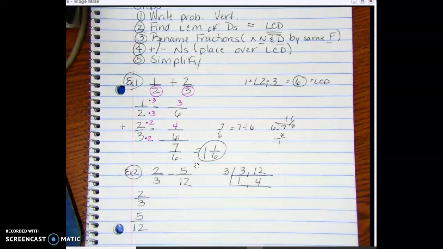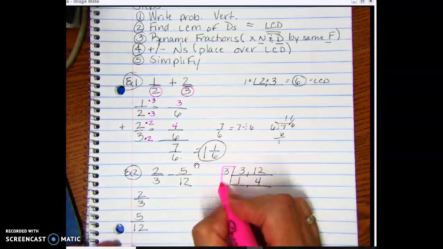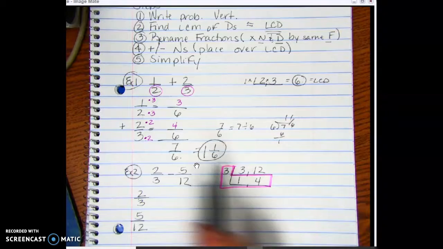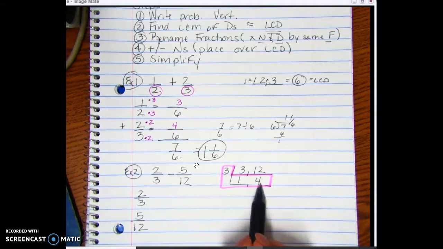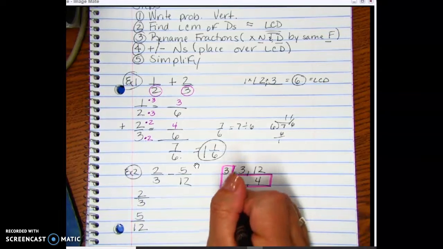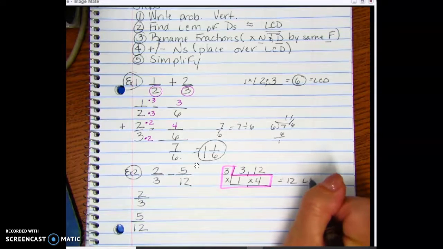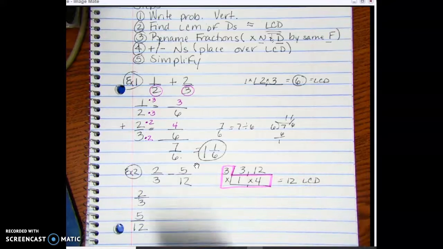And this is where we make the L, if you recall. There's no other factor between 1 and 4 other than 1. So we take 3 times 1 times 4, which equals 12. And that is our least common denominator.